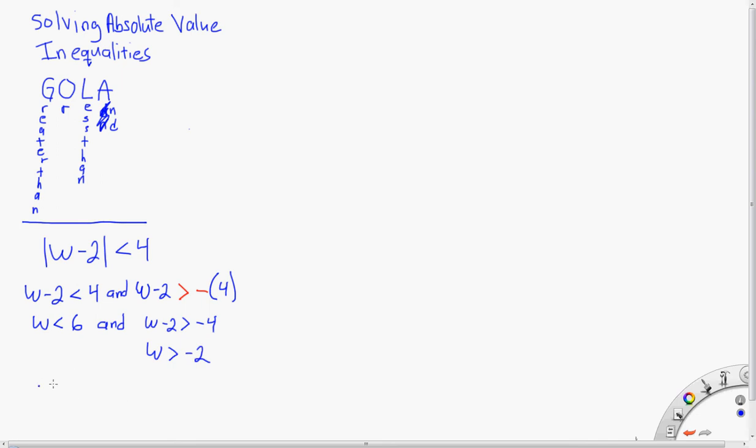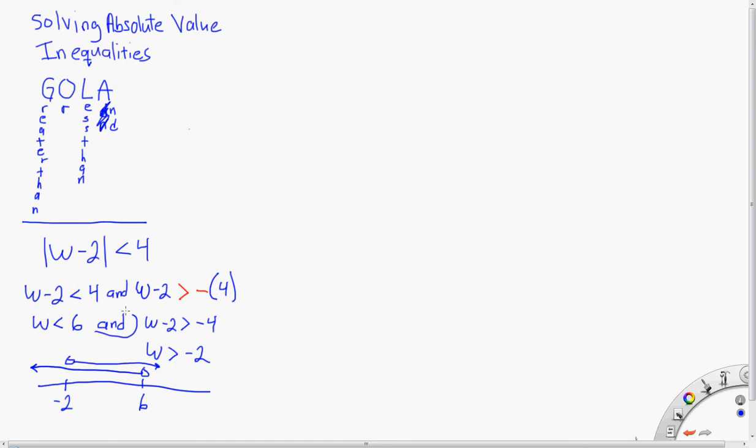So on the number line, we have negative 2 is here and 6 is over here. W is strictly less than 6, so we use the open circle all the way this way. Whereas W is also greater than negative 2, this way.